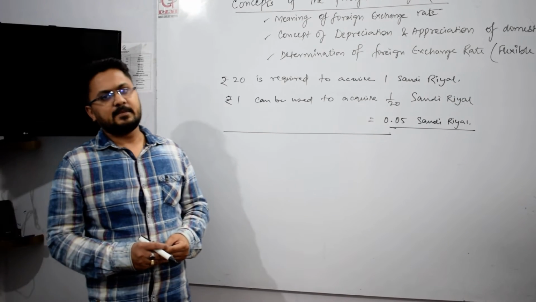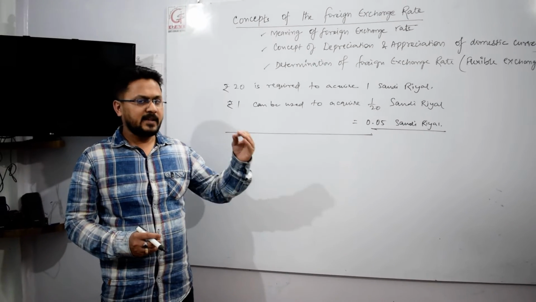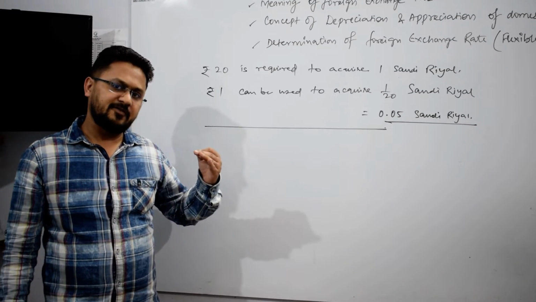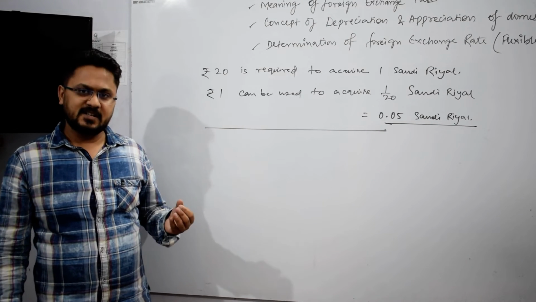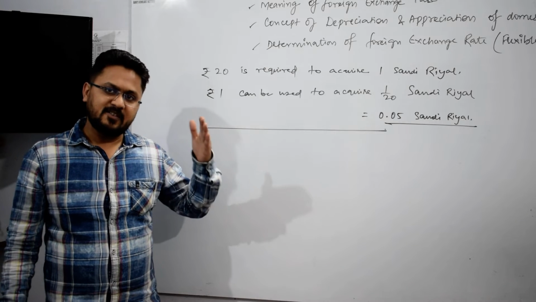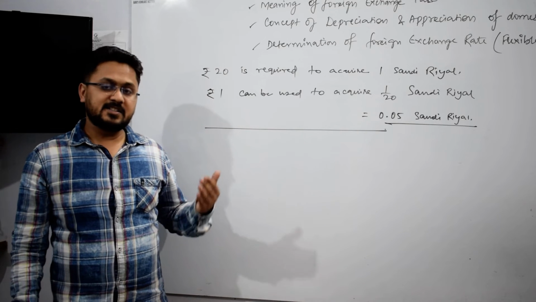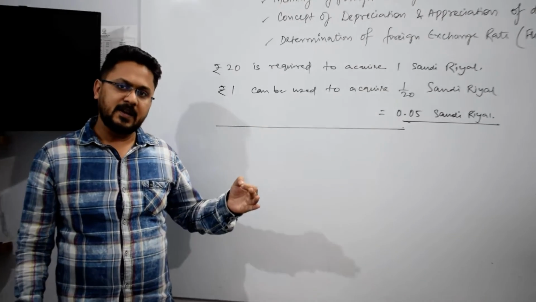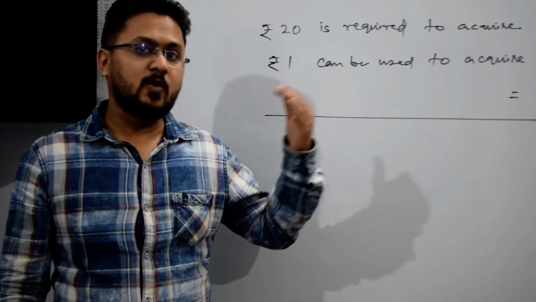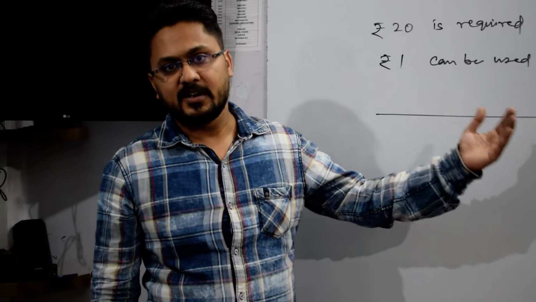In other words, it can be said that when there is a depreciation of Indian rupee, I am taking Indian rupee as a domestic currency, for example, there is fall in the external value of Indian rupee. It means we need to pay more rupee to acquire 1 unit of the foreign currency.